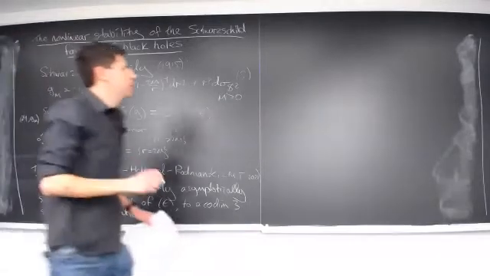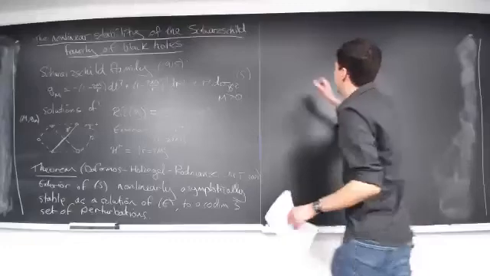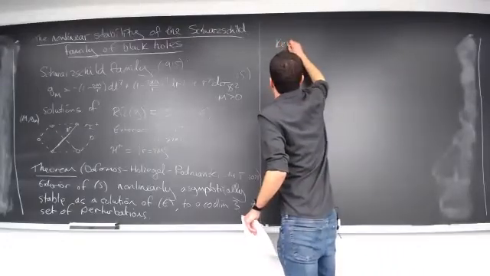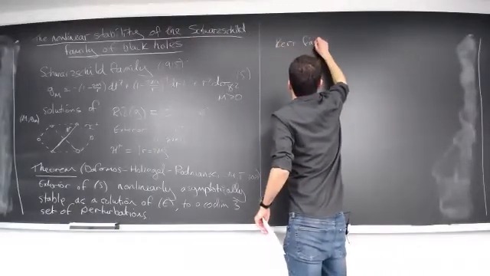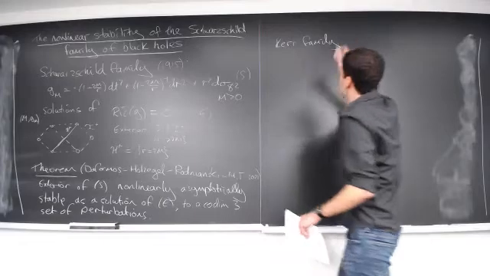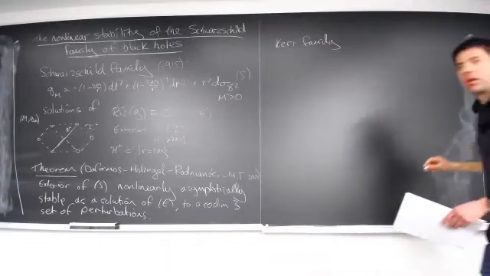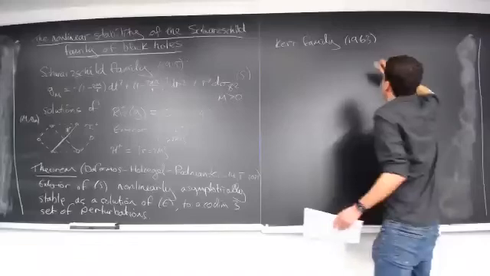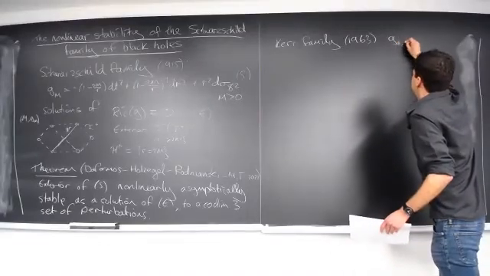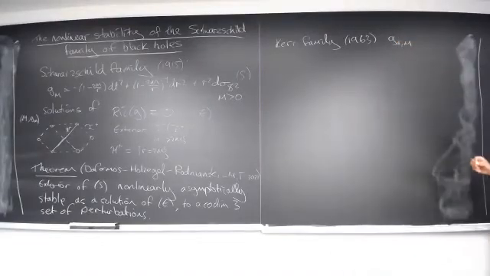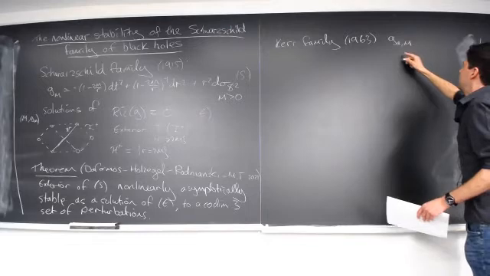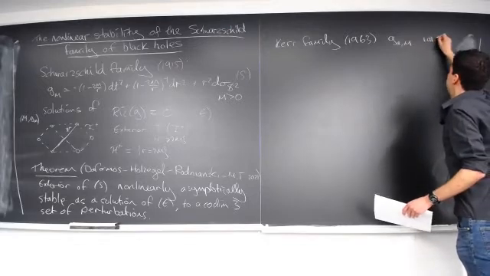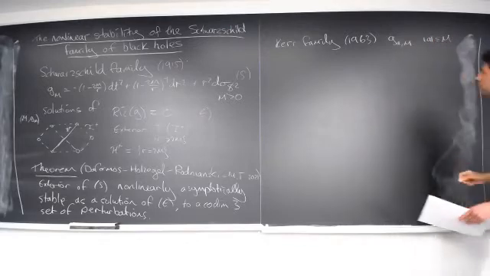Okay, so as is well known, Schwarzschild is a subfamily of the larger Kerr family. And the Kerr family is more complicated, and accordingly it was only discovered much later in 1963. And because it's more complicated, I'm not going to write it down. But this describes a black hole as long as a is less than or equal to m.